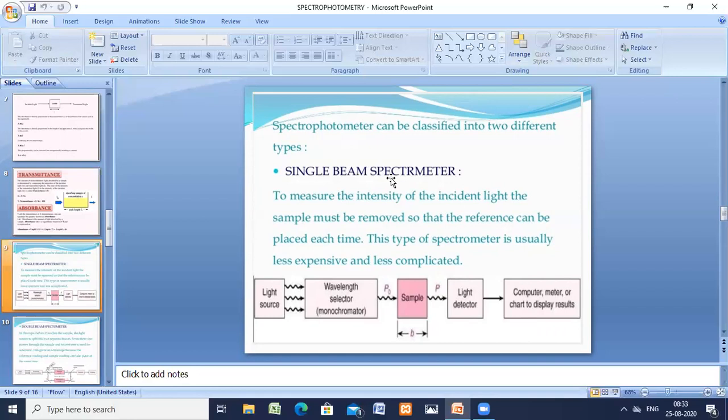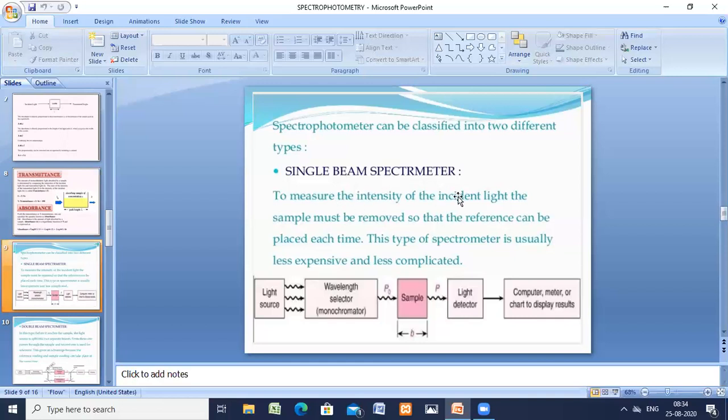The essential parts of the spectrophotometer are a radiant energy source, a monochromator, prism or grating, glass or silica cells, that is nothing but cuvettes, and a device to measure the beam of radiant energy which is passing through the solution of the solvent.